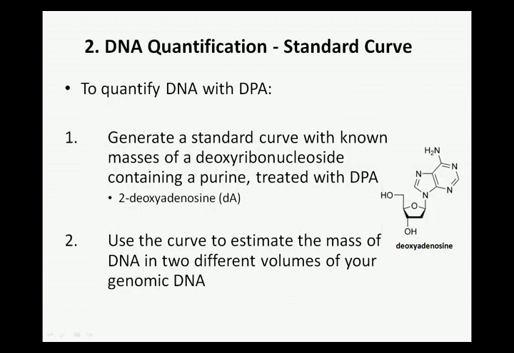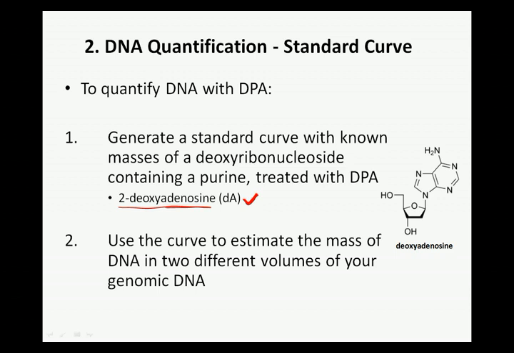So, as we say, the first step when you quantify DNA using DPA, or diphenylamine, is to generate a standard curve with known masses of DNA or a substitute of DNA, like a deoxyribonucleoside containing a purine, which is 2-deoxyadenosine in your experiment. So instead of using DNA, which is expensive, you just use a deoxyribonucleoside, 2-deoxyadenosine.